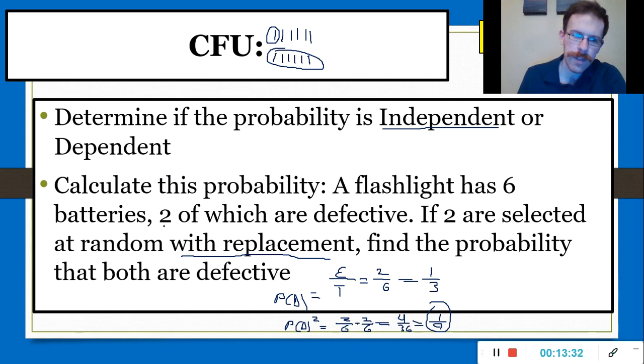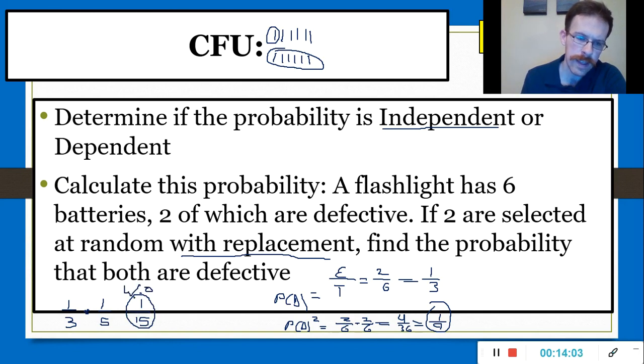Now that's going to be very different from if you do it one at a time. If you did them one at a time and did not replace them, the first one doesn't change. That would still be 1/3. But for the second one, your number of batteries is different. There's 1 defective left and 5 batteries left over. So that's going to be 1/15 without replacement.